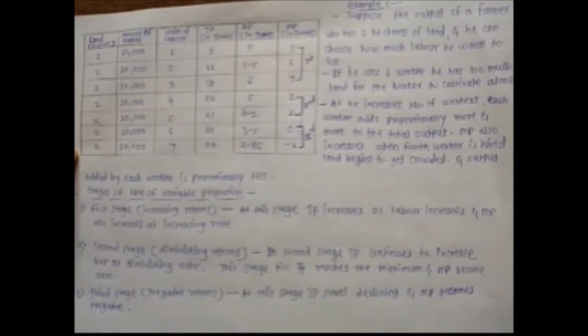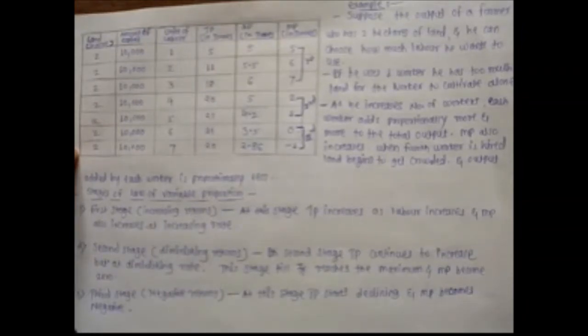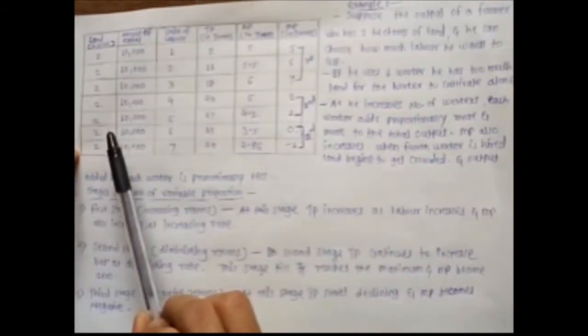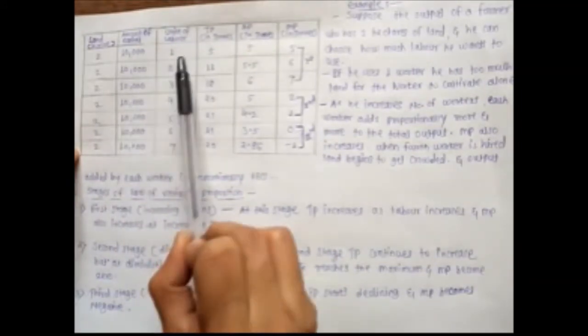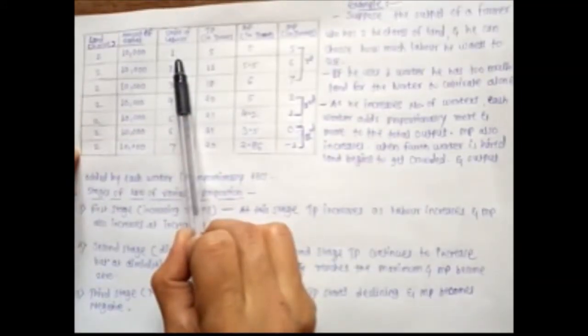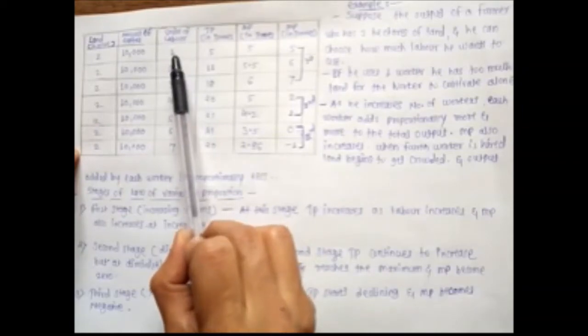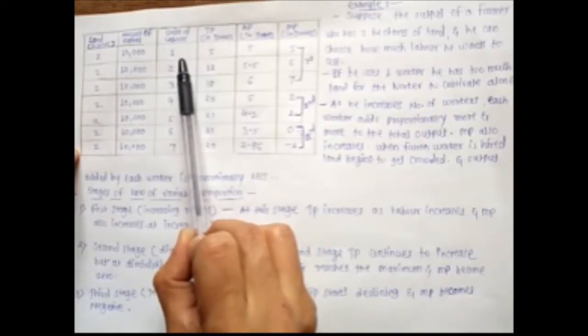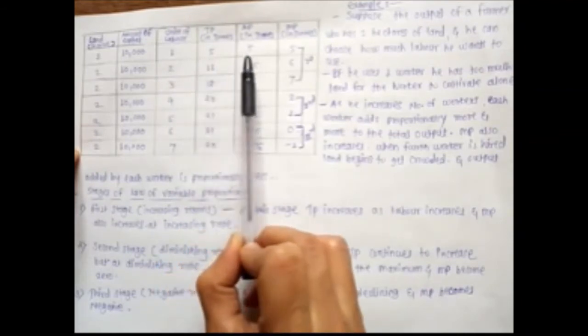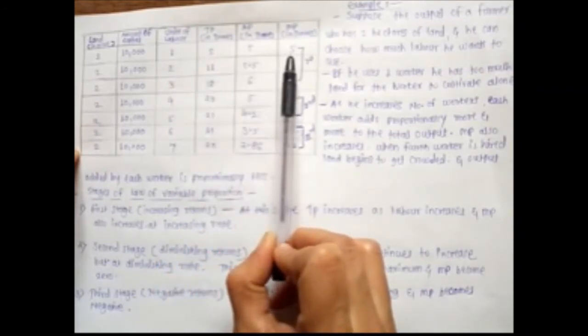Students, there are three stages of the law of variable proportion. First stage is increasing returns. If we observe this table, we will come to know that when one unit of labor is employed, the total product, average product and marginal product is 5 tons.